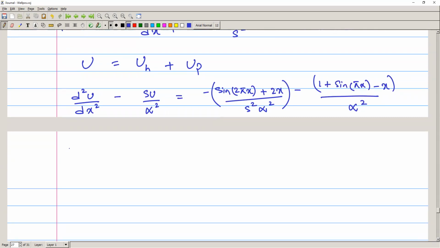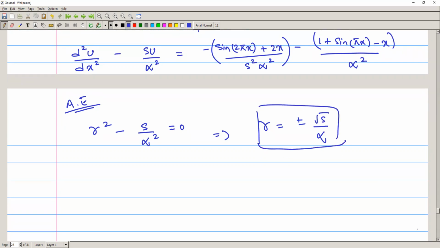Now we can write the auxiliary equation. So the auxiliary equation will be r squared minus s over alpha squared is equal to 0. This implies that r is equal to plus minus square root of s over alpha.